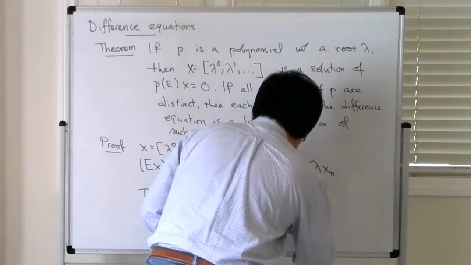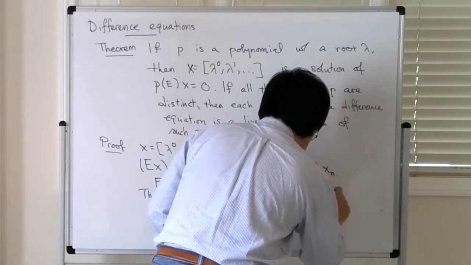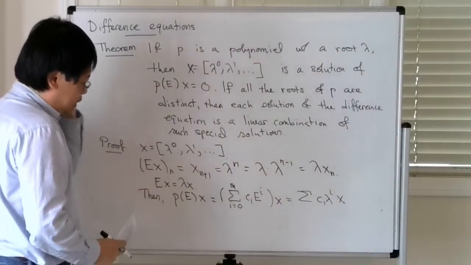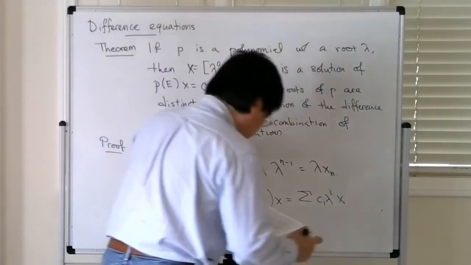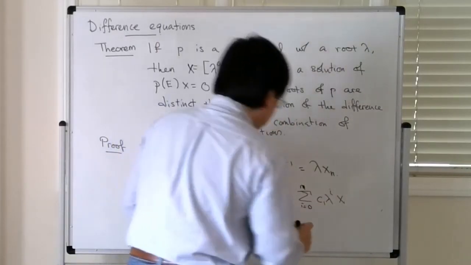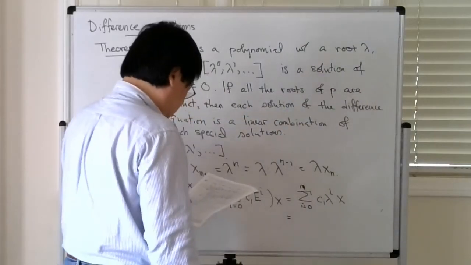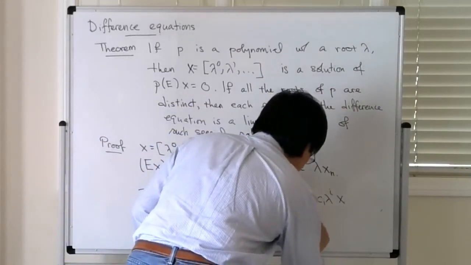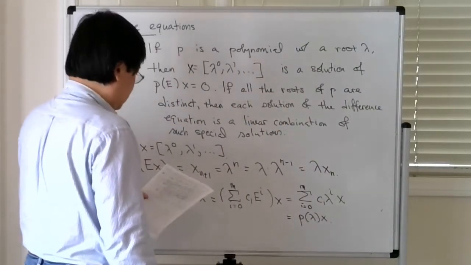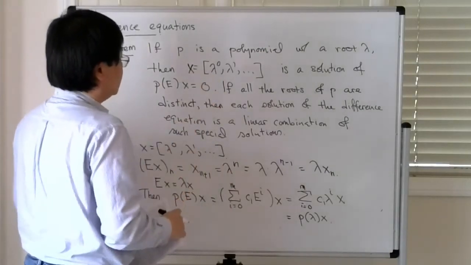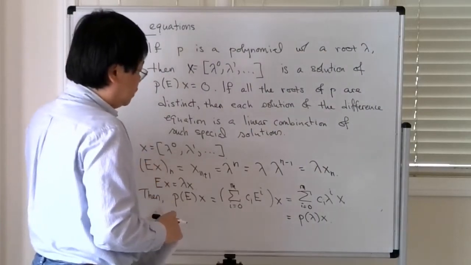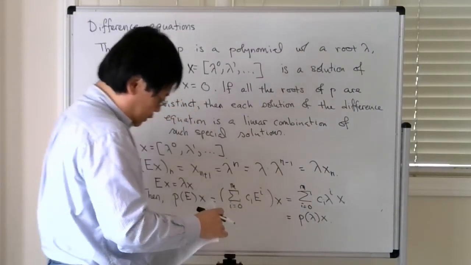So this is the sum of c_i lambda to the i of x, because of this shift property which we derived just now, for i equals 0 to m. And this is nothing more than P of lambda applied to x. And since we assumed from the get-go that lambda is a root of this characteristic polynomial, this is equal to 0.